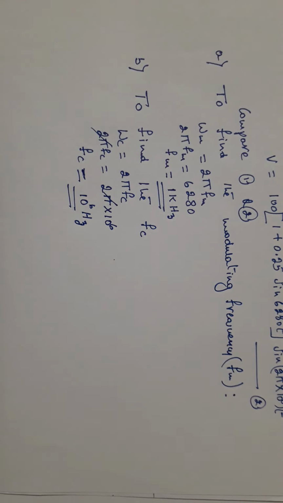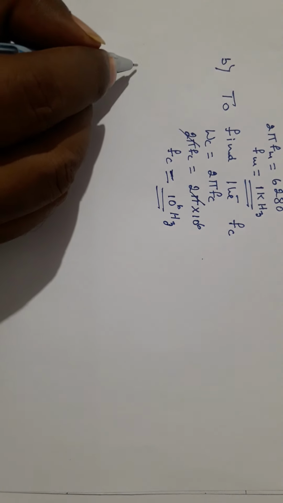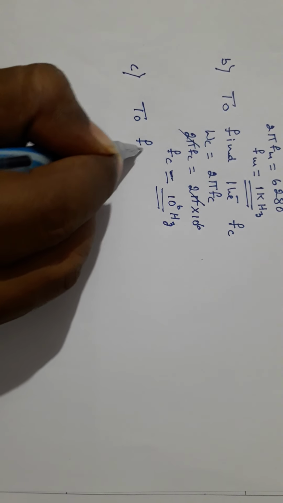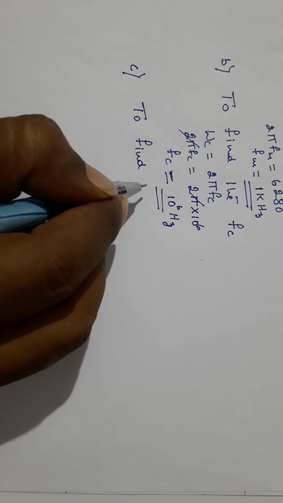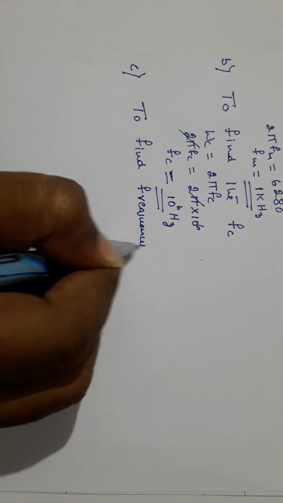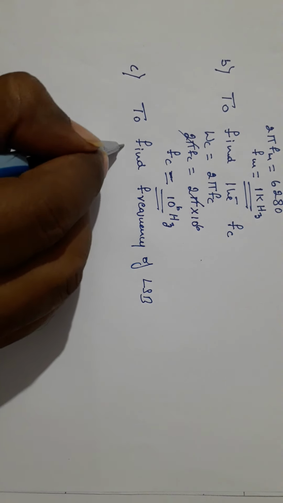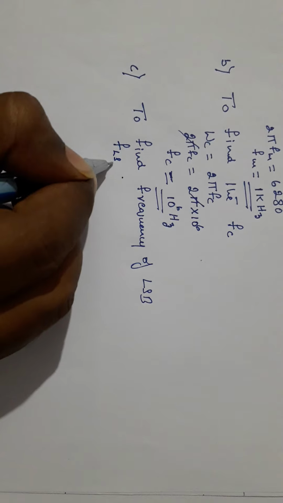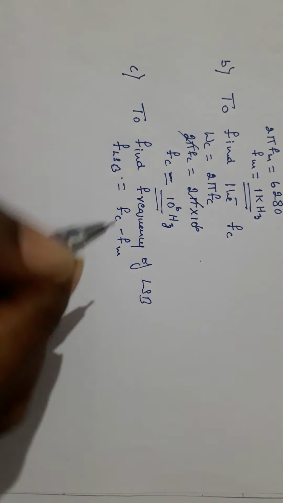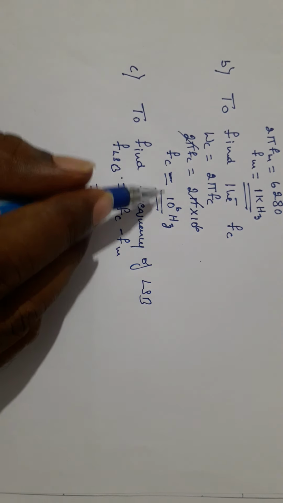Next, C: to find the frequency of LSB. FLSB equals Fc minus Fm. What is the value of Fc?